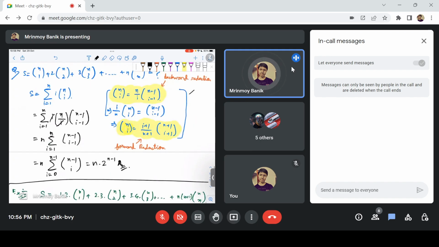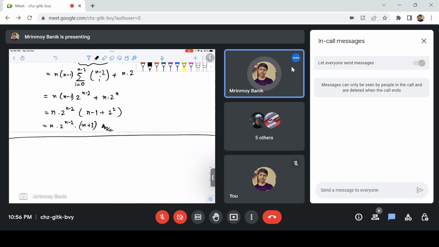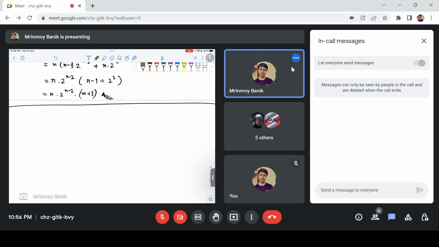This identity. There are a couple more identities, binomial identities. So let me list a few of them.